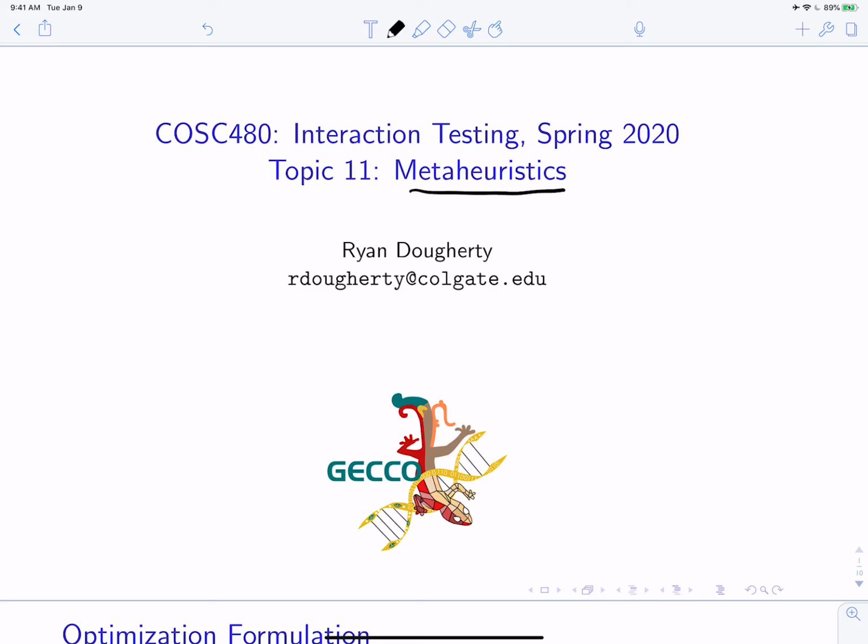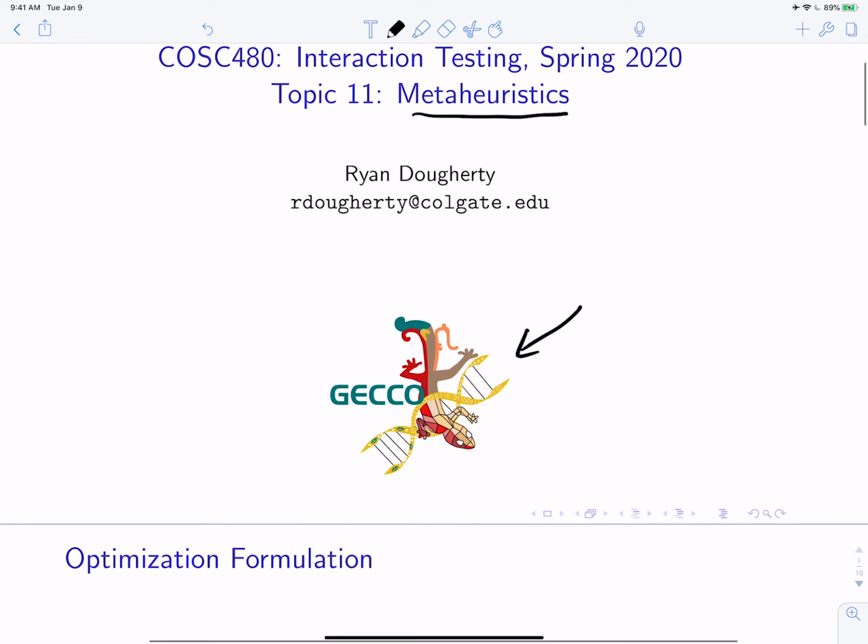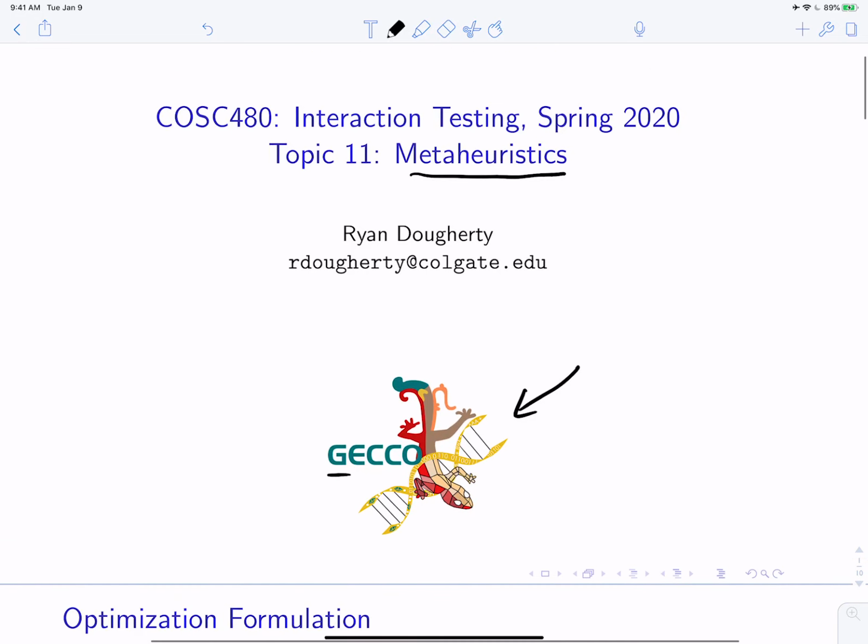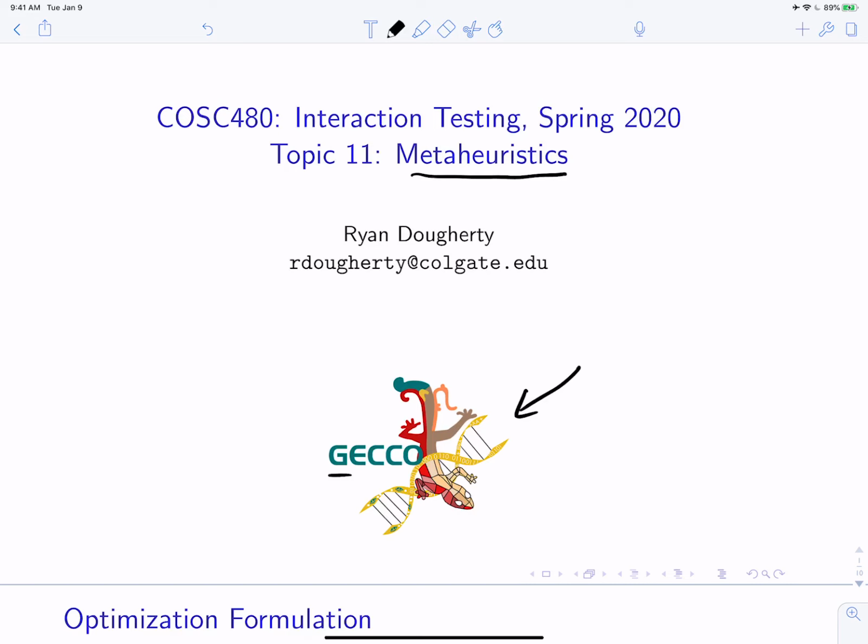And how many of you have ever heard of the Gecko Conference? It's a really cool conference. The G here stands for genetic algorithms. It's just a giant conference where a lot of people talk about metaheuristic algorithms for solving various things.